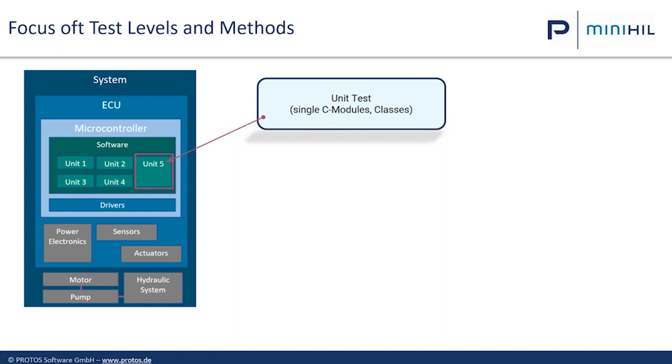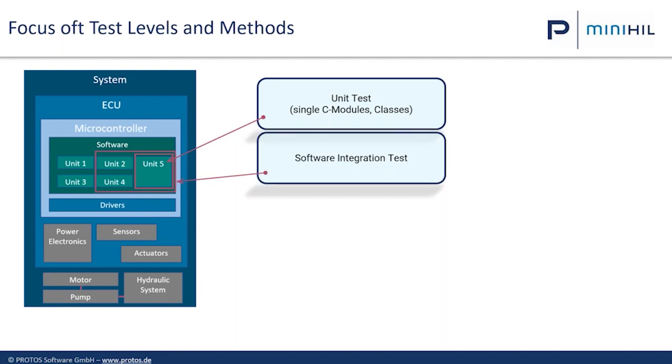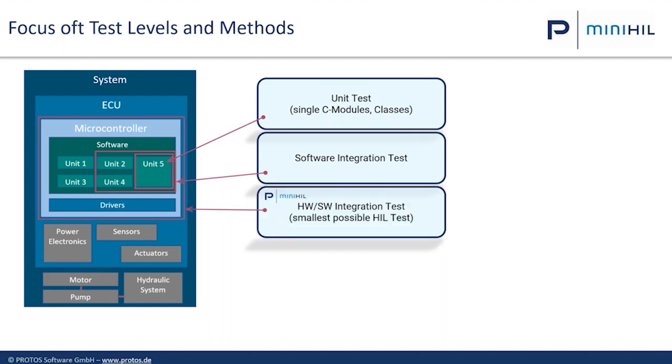You can use a unit test tool for that. The software integration test for pure software integration, that's something where you also can use a unit test. So you have more than one unit and integrate them. That's a software integration test. Still, you can use a unit test system. That's easy to automate. That's fast. So please do that.